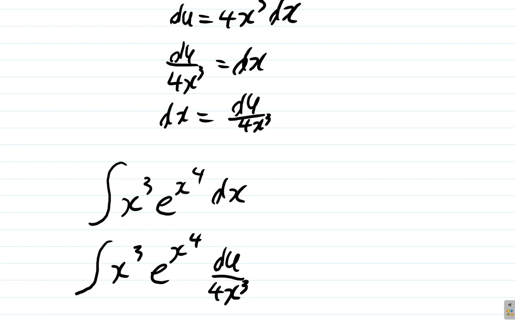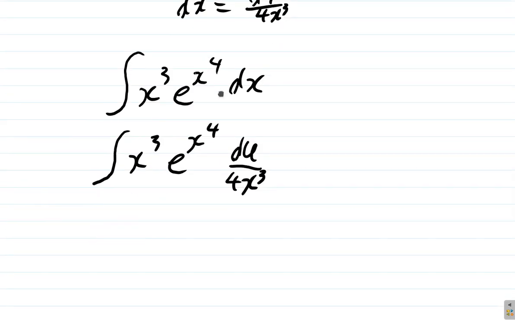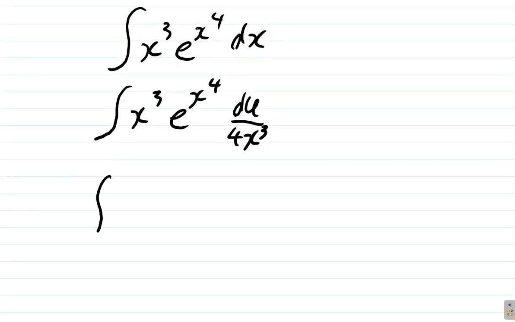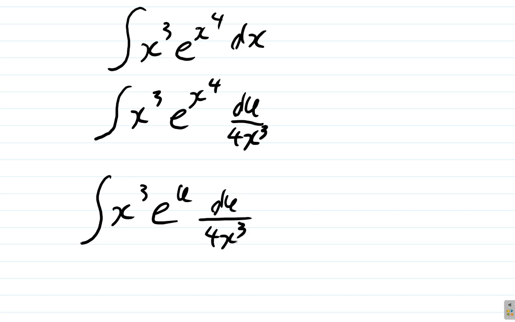Now remember that u is x to the fourth. So we could rewrite this as the integral of x cubed e to the u du over 4x cubed. Now this is the same thing as the integral of x cubed, then we have e to the u du, and then we had 4x cubed under here, so it's 4x cubed.